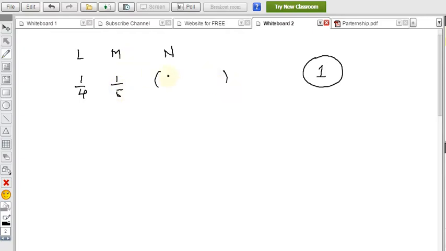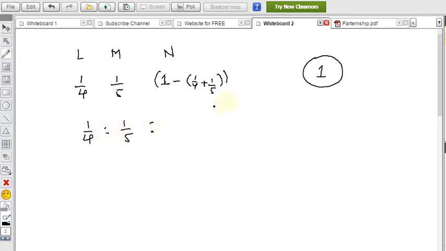So the remaining is what? The total value is 1. From that we have to subtract both, that means 1 by 4 plus 1 by 5. So if you subtract 1 by 4 plus 1 by 5 from the total, that is N's share.